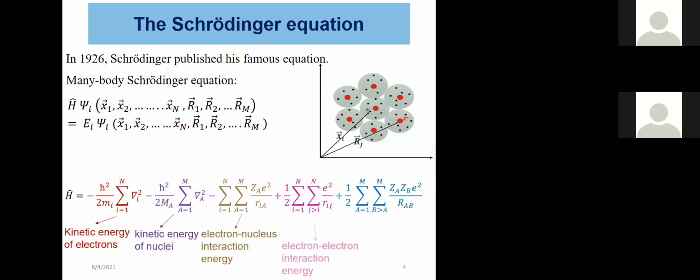Then the electron interacts with other electrons in the system, which also contributes to the Hamiltonian. Finally, we have the nucleus-nucleus interaction energy, because electrons and nuclei are charged bodies and interact via Coulomb interaction. This is the complete Hamiltonian of the many-body Schrodinger system.